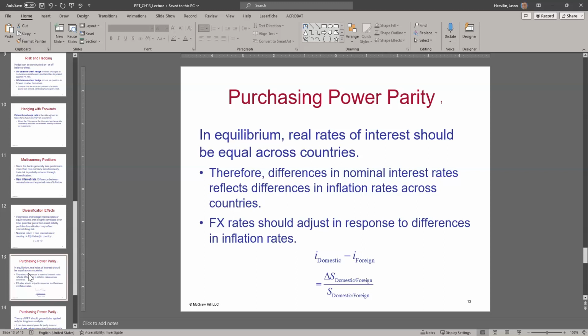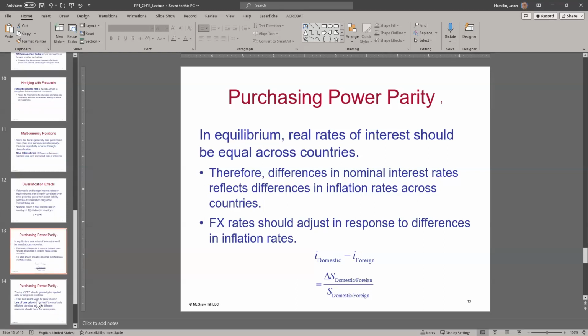And notice there that domestic minus the foreign interest is the same as the change in the spot domestic foreign exchange rate divided by the spot domestic foreign exchange rate. The examples in the textbook will give you numerical examples so you understand better, but that's the parity. So one side has interest, the other one has foreign exchange rate, and they should equal.